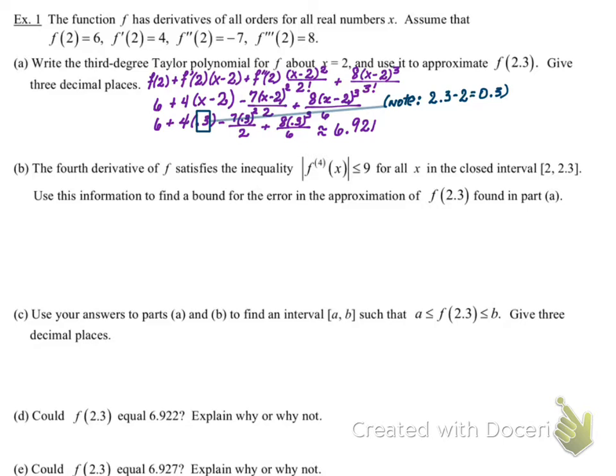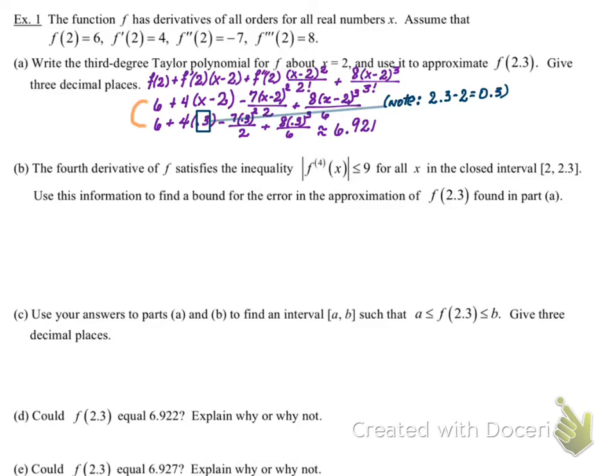We go ahead and substitute the values for our function and its various derivatives. One place I thought you might get lost if I didn't point it out is that 2.3 minus 2 is 0.3, so that's how I jumped from this step to that step.